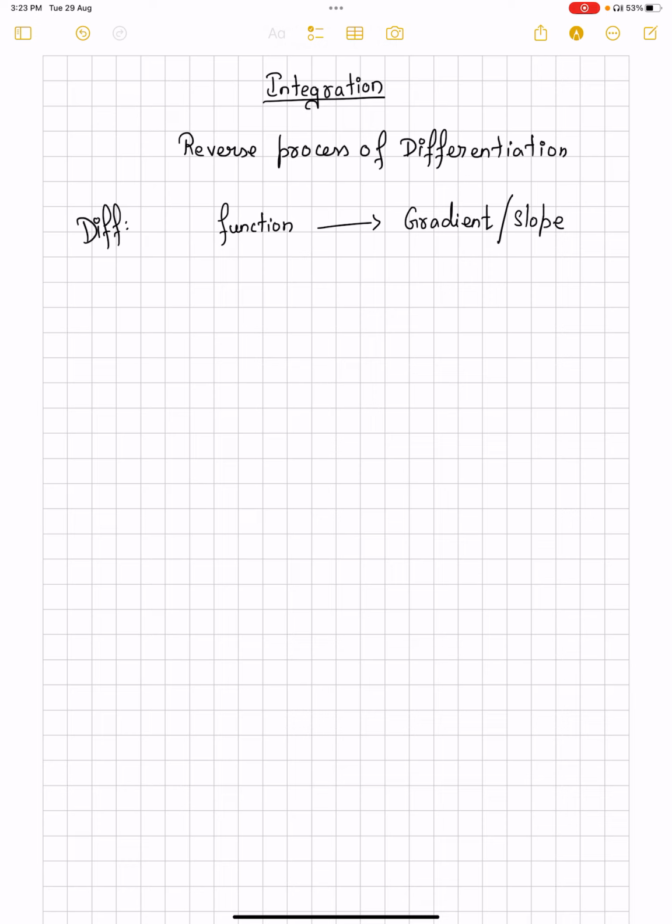But under integration, it is a reverse process, meaning I would be given a gradient, and then I will find out the function. That is what integration and differentiation are all about. So now, how to find a function when the gradient is given? When we do problems, you will be able to understand.